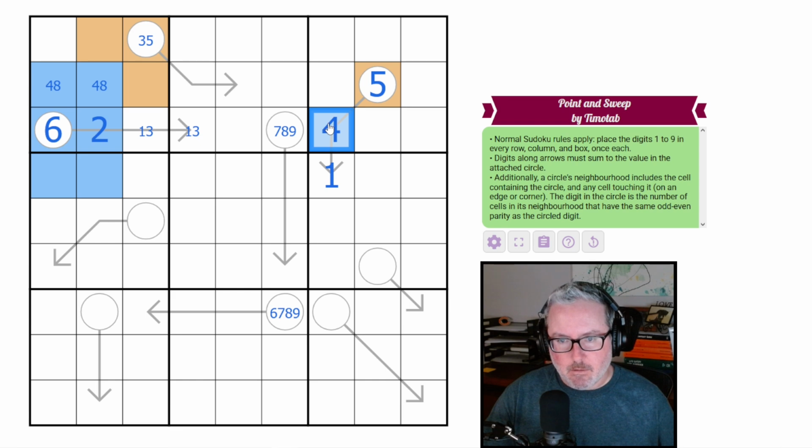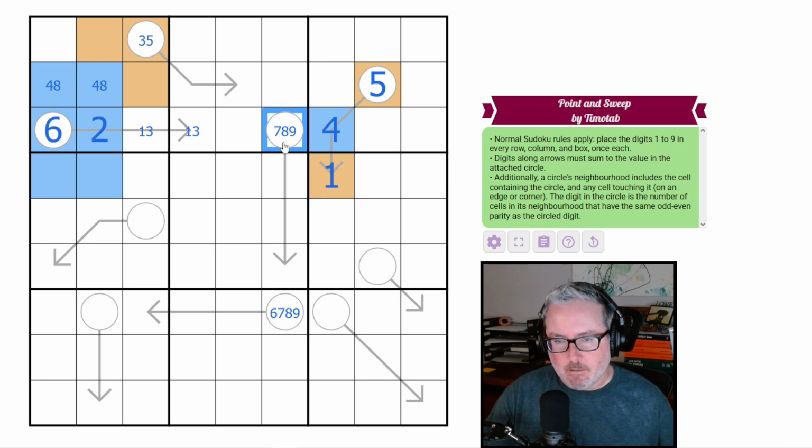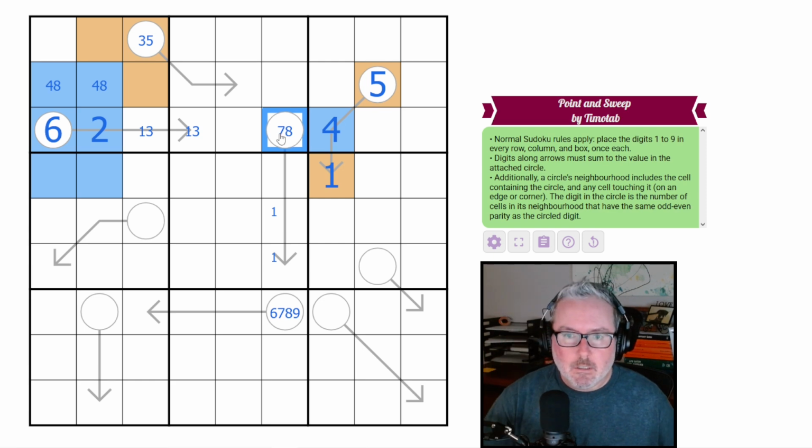I think I'm going to color this one and this one, because again, they're within neighborhoods. So now this can't be a 9, because this is even, which forces a 1 onto this thing. Because either a 7 or an 8 with 3 digits, and you always have to use a 1. This is not a 1. And what else can we then say about some of this other?